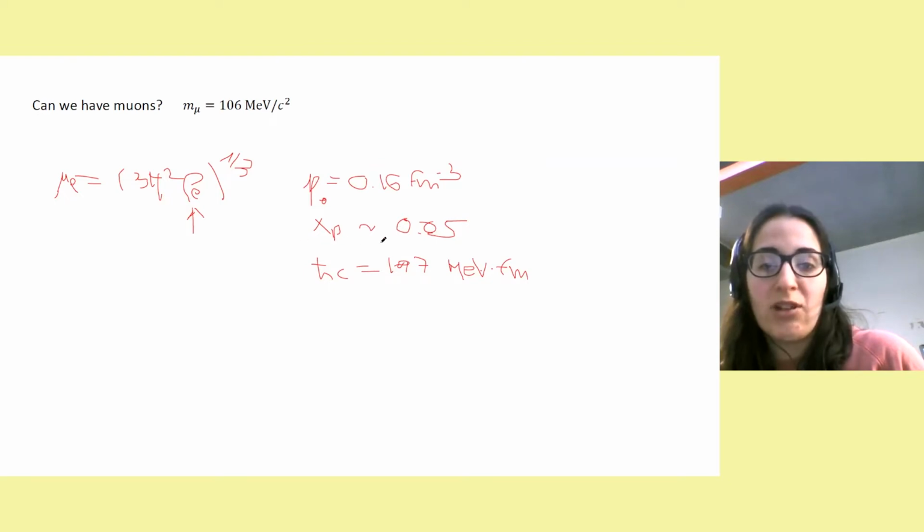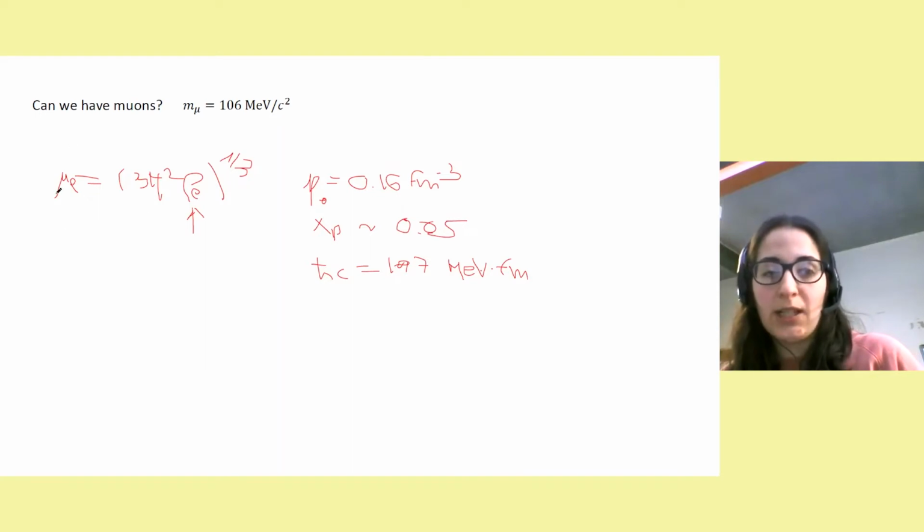For the proton fraction, let's say we take a small value, it has to be small in neutron stars, so we take 0.05 more or less. And we will need to change the units to MeV.